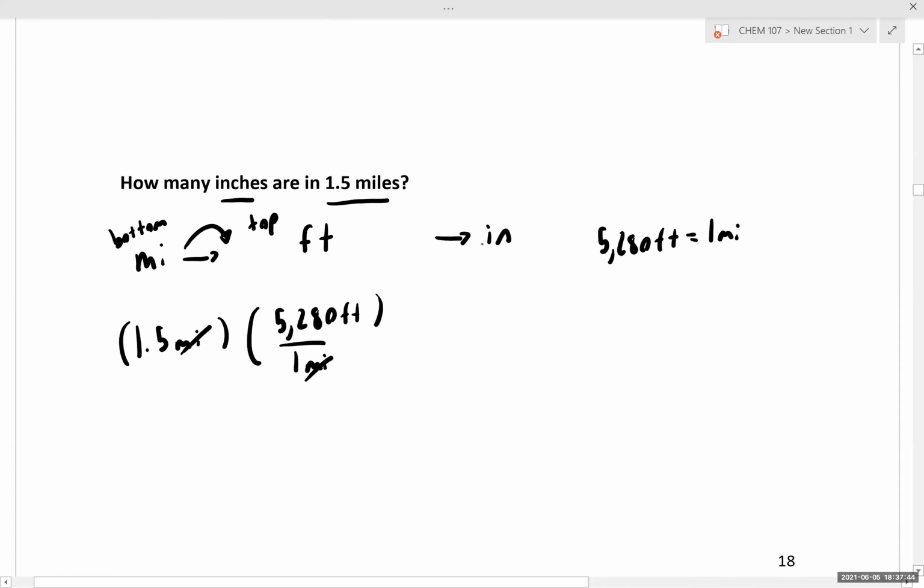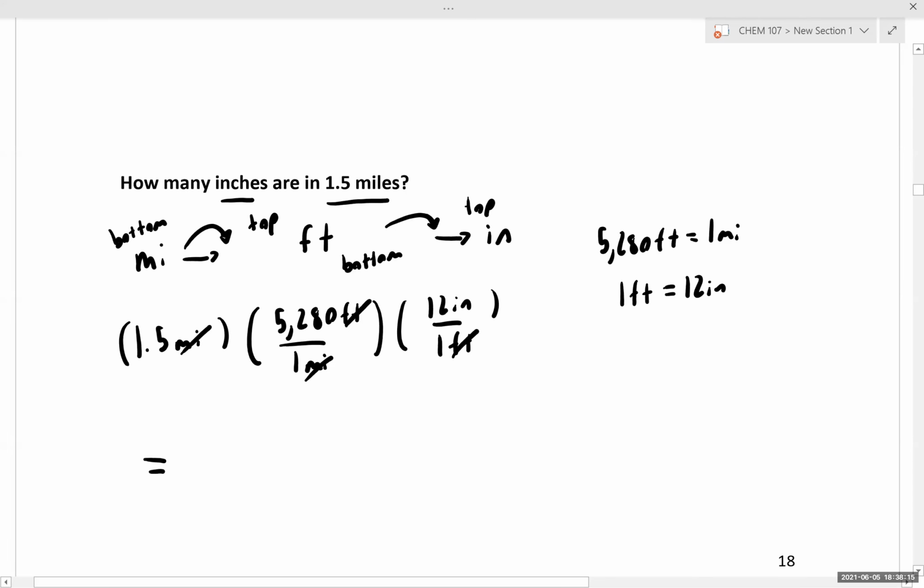And then to convert from feet to inches, we know that in 1 foot, there are 12 inches. So to go from feet to inches, units of inches will be on top, units of feet will be on the bottom. So we know that we have 12 inches in 1 foot, units of feet cancel. And so we've completed this 1-line conversion.